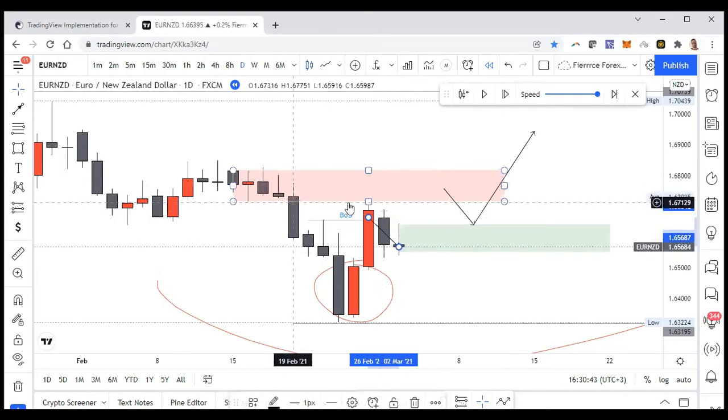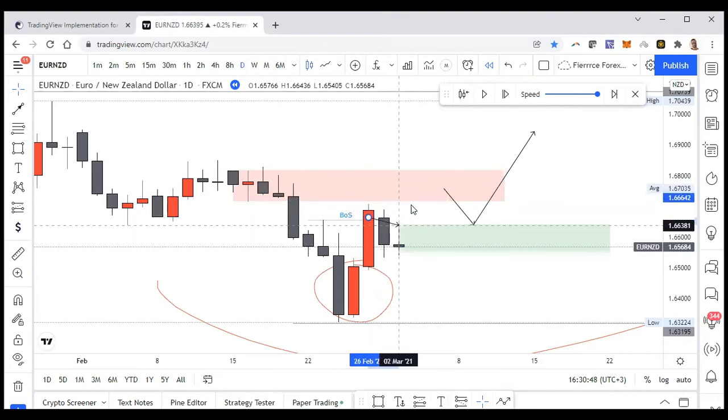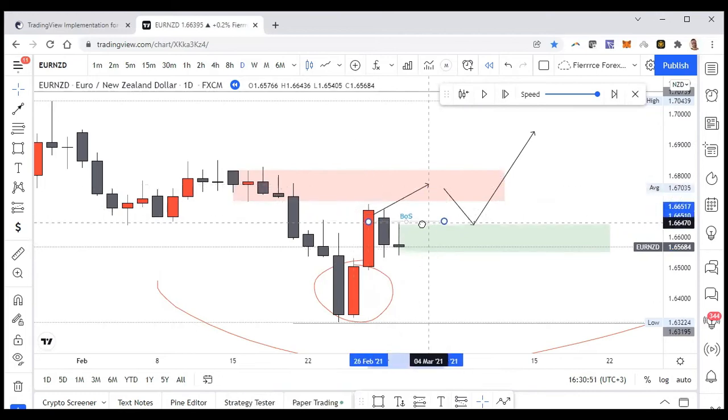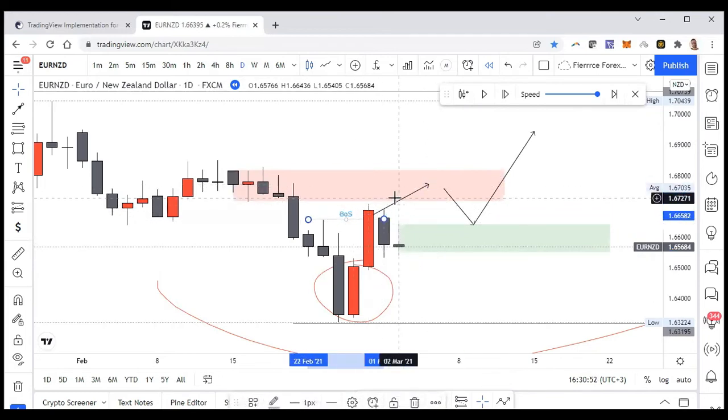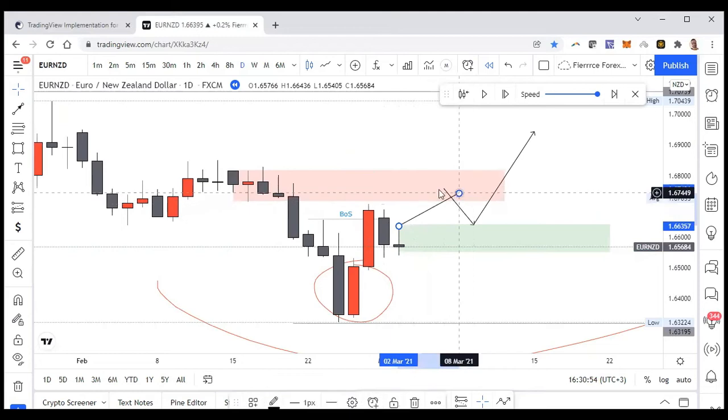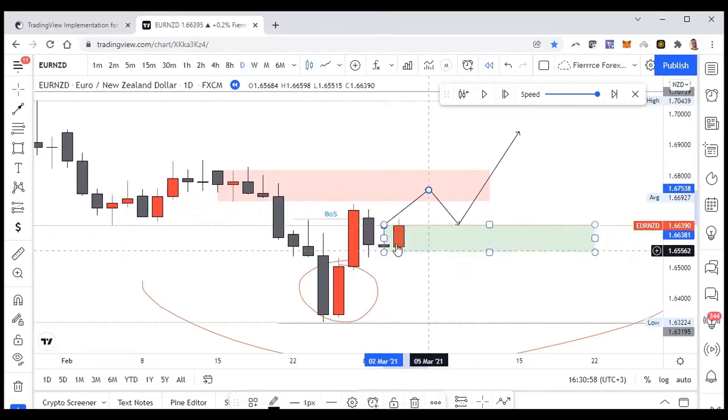But you see, we didn't really get to this zone. So when we retested, there was that push back into the zone from this area, and we see that we printed this candle, and when we pushed down, there was a supply zone here.